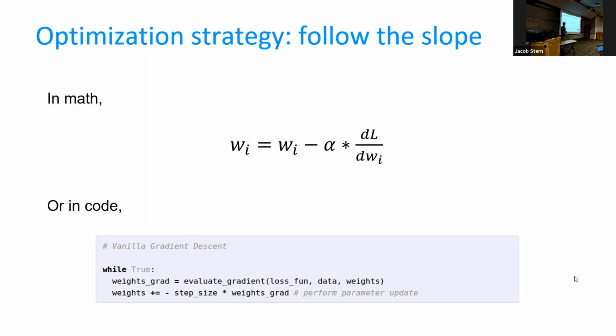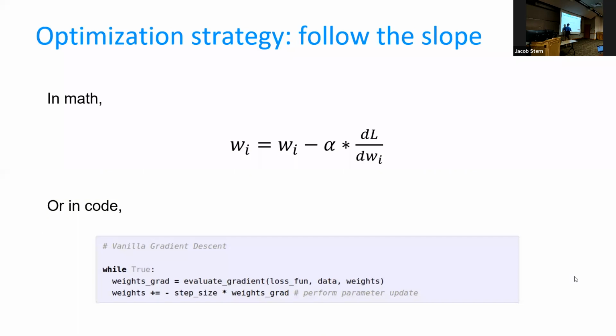Basically, for as many times as you want to go through a loop, you calculate a gradient by calling this function evaluate gradient, which takes as input your loss function, your data, and your weights.